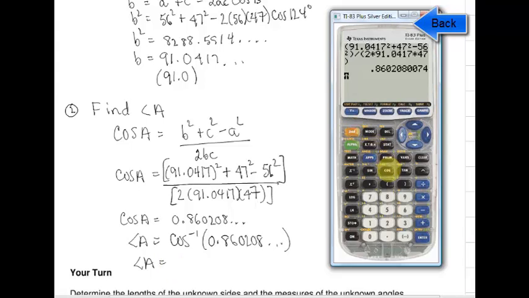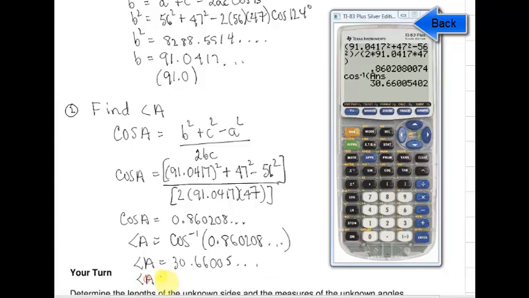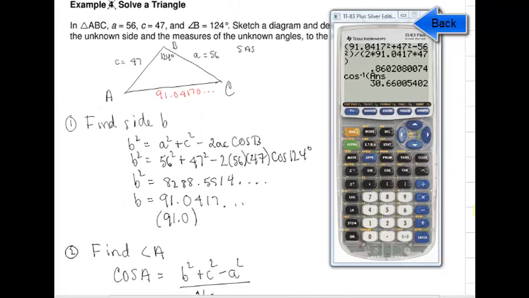We're going to go second cos, second answer, and I get 30.66005 dot dot dot. Okay, which we're later going to round off to 31 degrees. Okay, so on our diagram, angle A is 30.66005 dot dot dot.